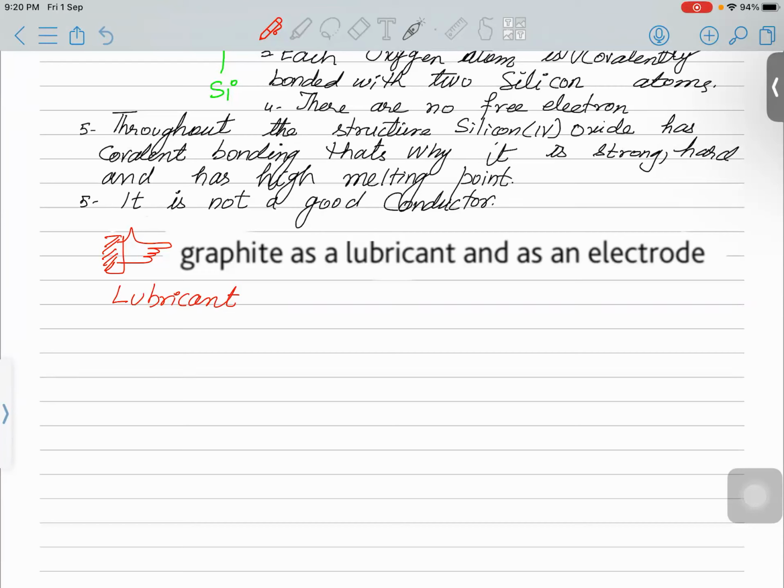A lubricant is anything, any chemical or any material, which reduces the force of friction.